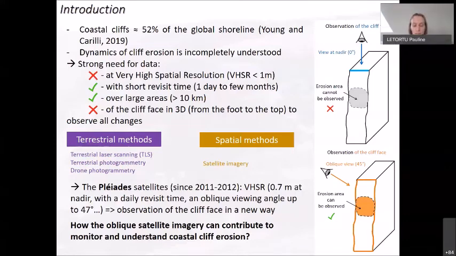So how oblique satellite imagery can contribute to monitor and understand coastal cliff erosion is an emerging research topic. We are currently the unique team to explore it, thanks to 3 projects which will structure my presentation.